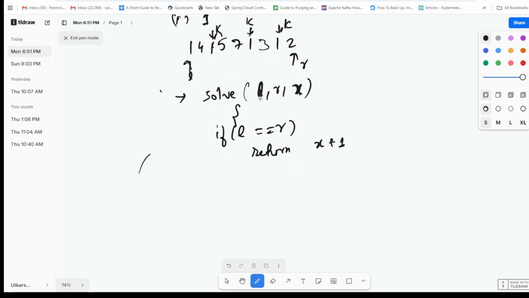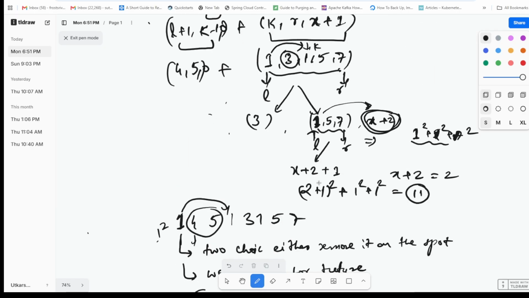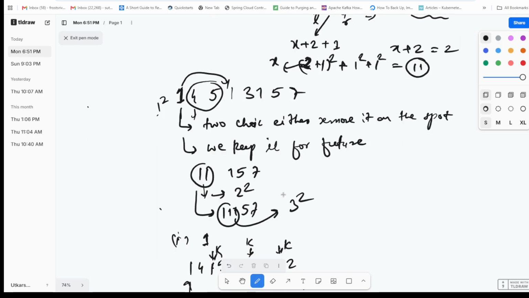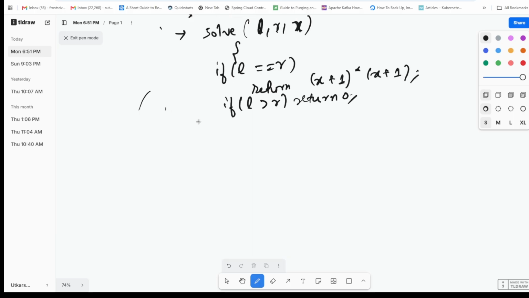As we have discussed earlier, this is x, this is what we are carrying. This is x, this is x, this 2 is x. So this will return x plus 1 into x plus 1, right? And if L is greater than R, then we will simply return 0.